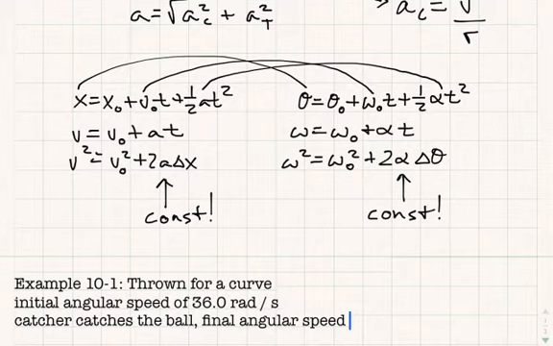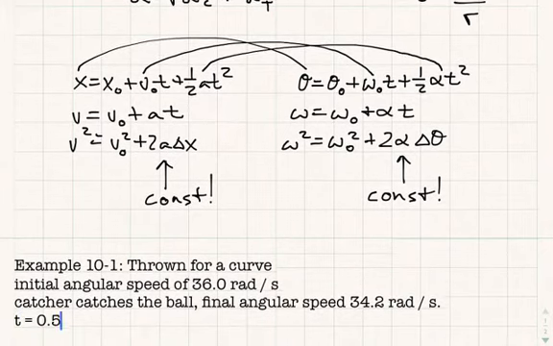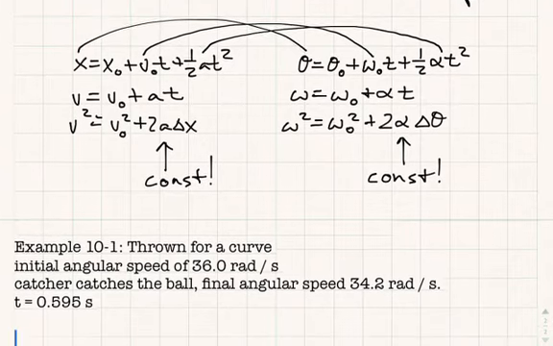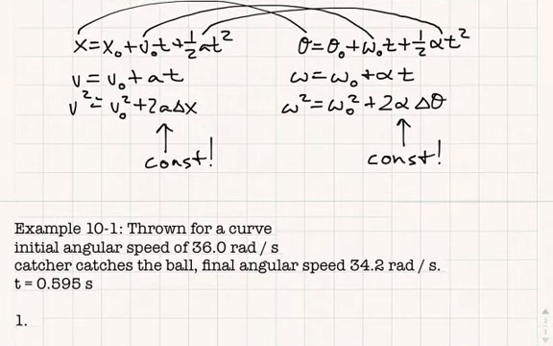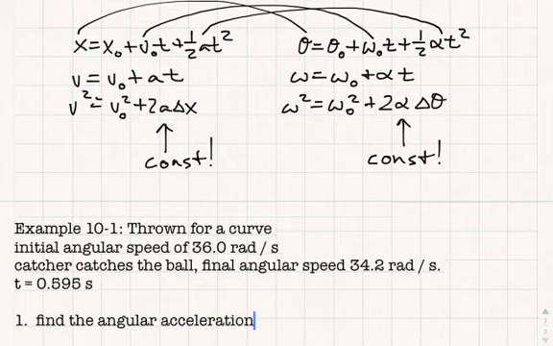There's a final angular speed of 34.2 radians per second. And the time it takes for the pitcher to throw the ball is 0.595 seconds. All right, so what they want you to calculate is first find the angular acceleration.